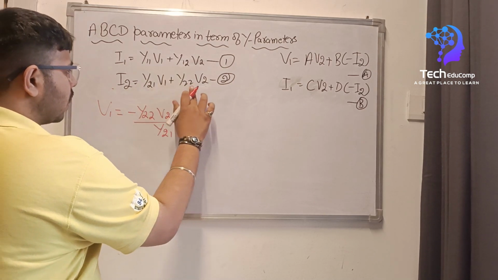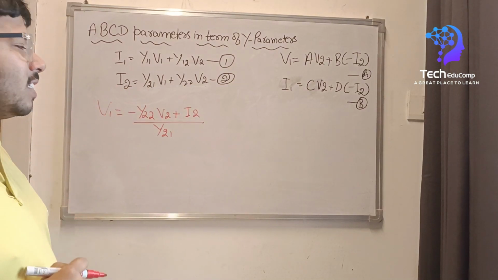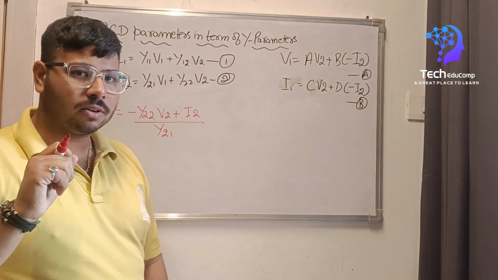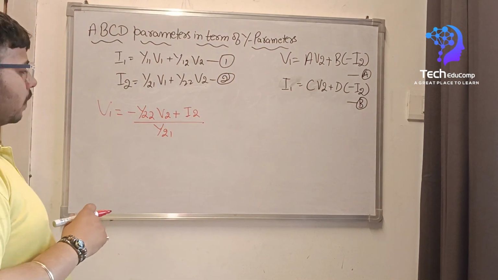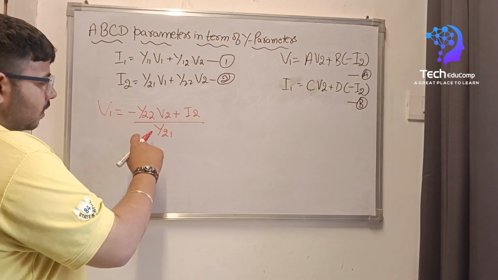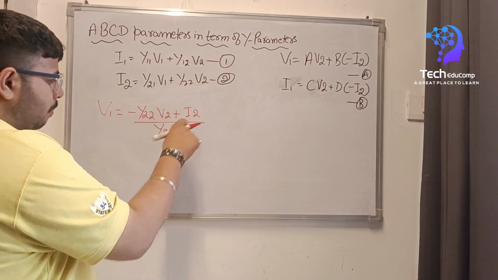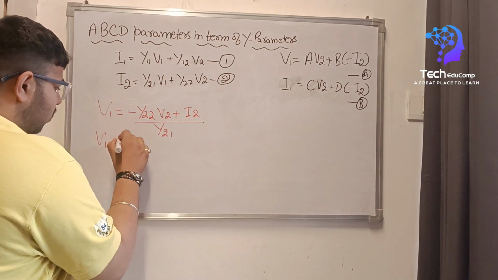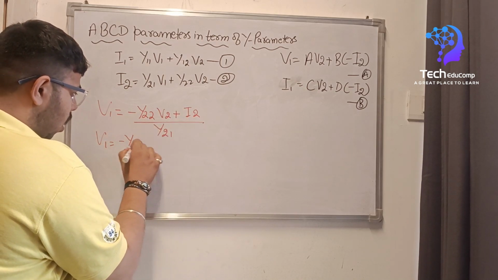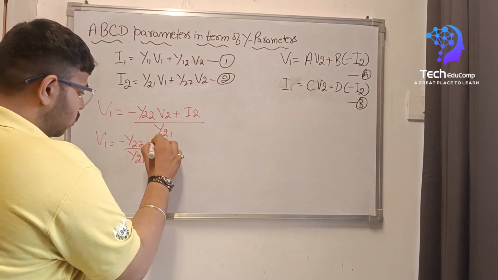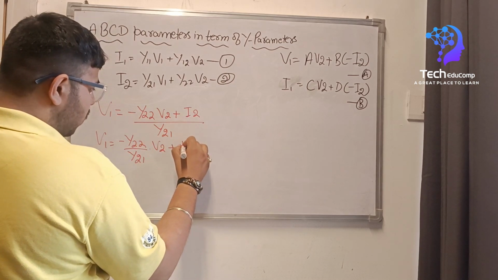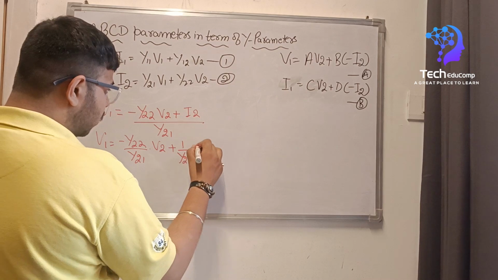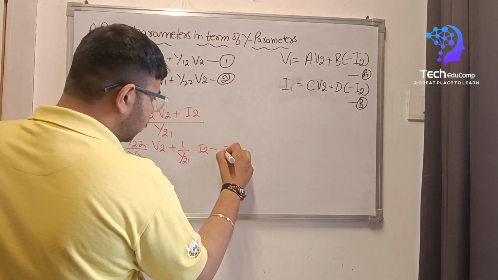Okay, I have skipped one step, but you can understand what I have done. So when I write it in separate form, V1 is equal to minus Y22 upon Y21 into V2 plus 1 by Y21 into I2. This is equation number 3.